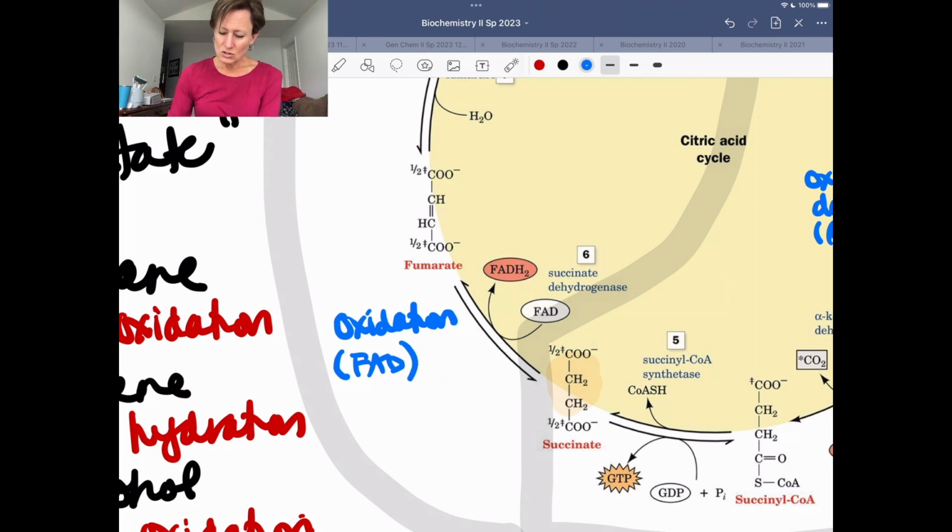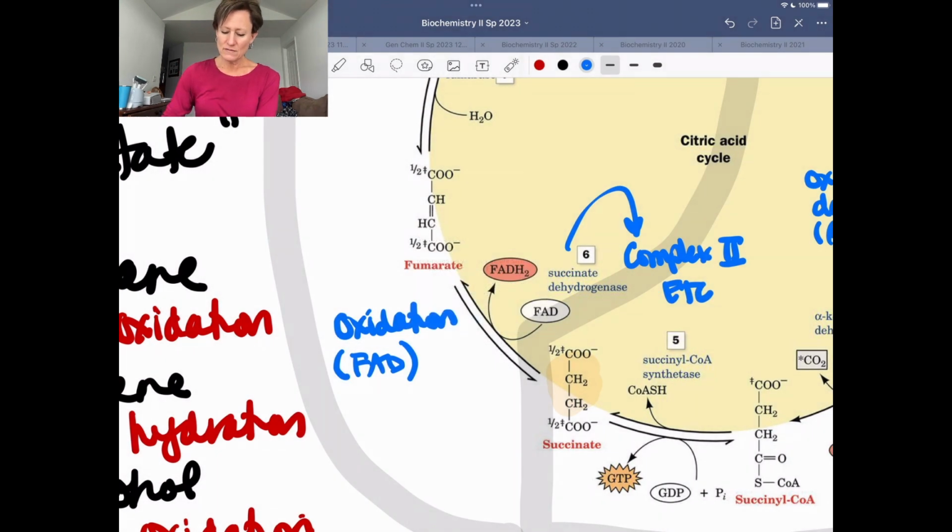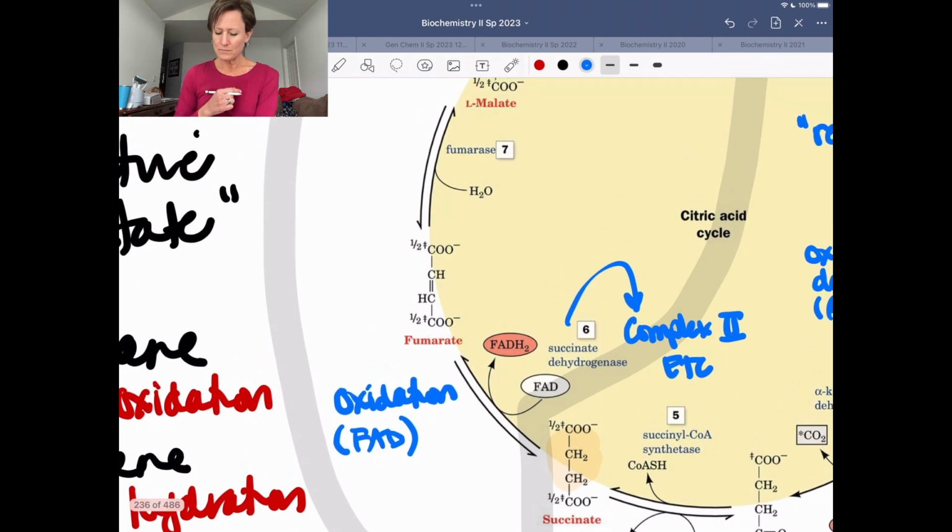And succinate dehydrogenase, we're going to see this guy again. This is actually complex 2 in the electron transport chain, so we're going to see that in our next learning unit. Okay, oxidation of an alkane to an alkene takes succinate and converts it to fumarate. The enzyme for doing that is succinate dehydrogenase.